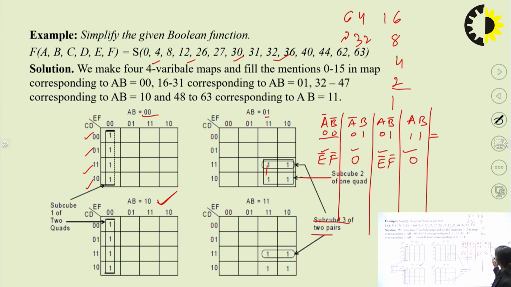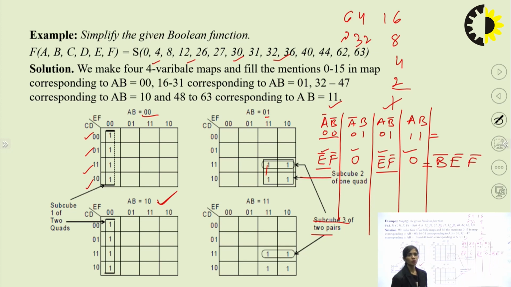So it can be totally calculated as, we have only 2 columns present here. In these 2 columns, A bar and A will sum up to 1. So we are only left with B bar here, and the common minimized term will be E bar F bar.